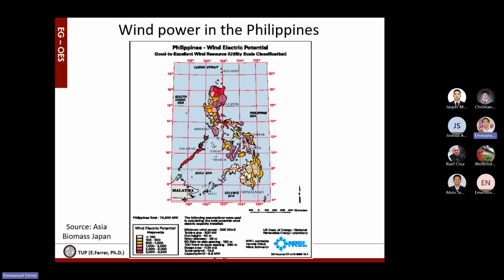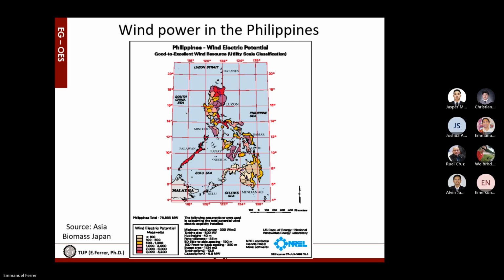Kung mapapansin niyo dito nasa norte nga, nasa norte yung mga malalakas, mataas ang potential. So here you can see can produce yung mga red nasa 3,000 to 5,000 megawatts.